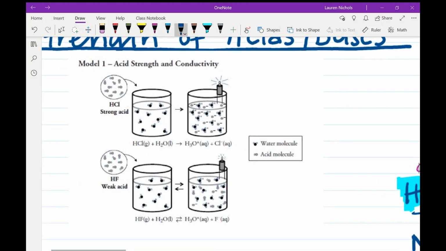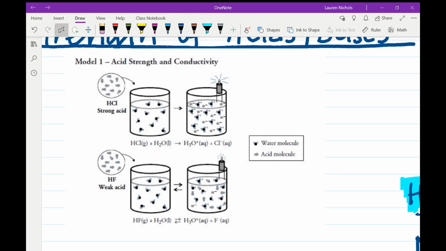So what I want to look at first is this picture of acid strength and conductivity. You should have learned about this a little bit when we explored using the PhET simulation on Monday of this week.